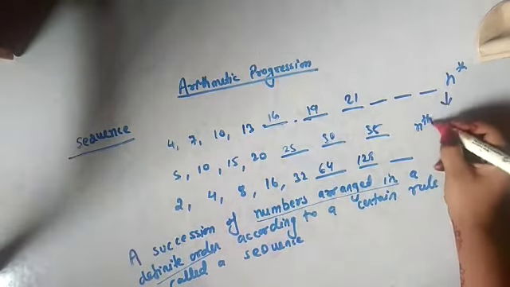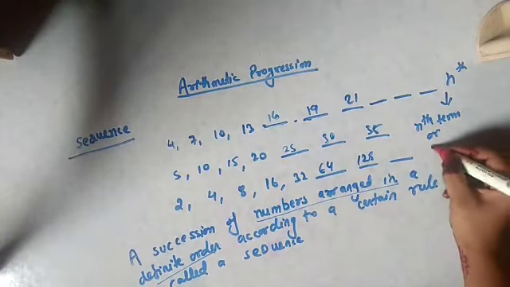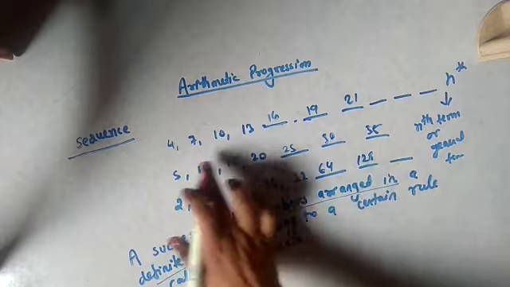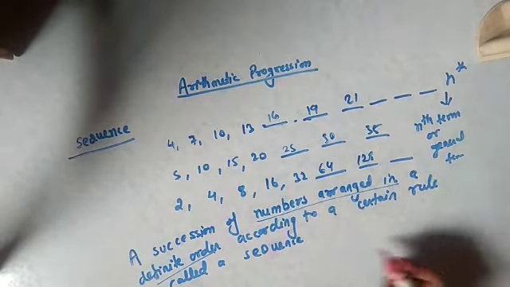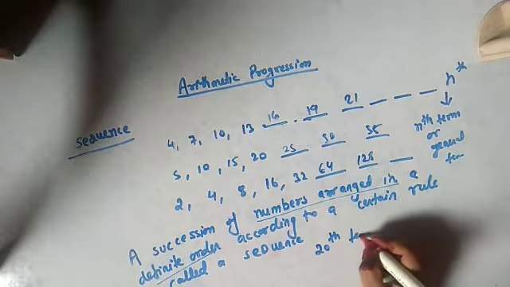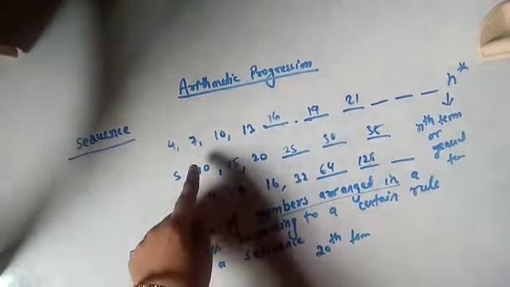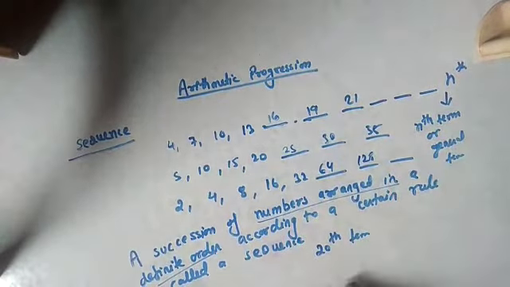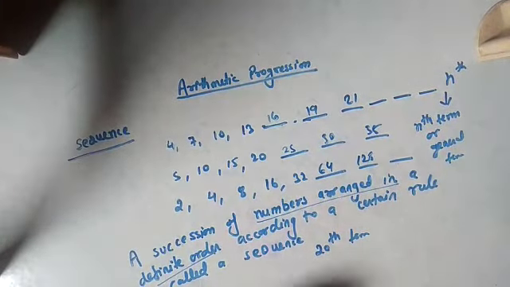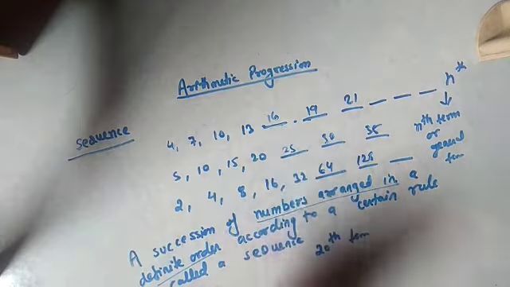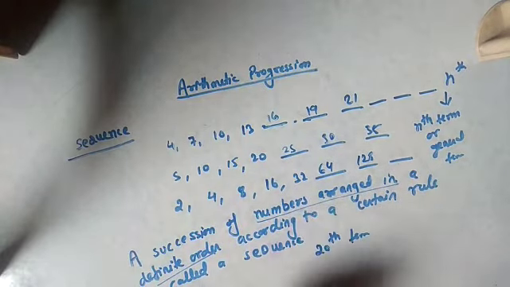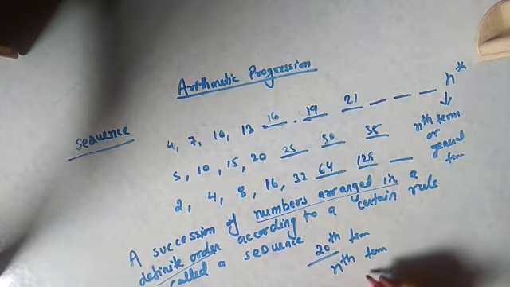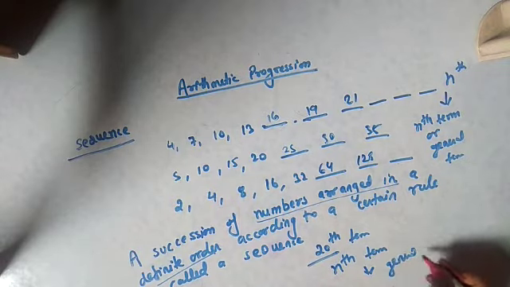Suppose I am asking what will be the 20th term of this sequence. Then either you will find it like 4, 7, 10 and so on, going up to the 20th position, or we will use some formula, and that formula we will discuss in this chapter only. Okay, so this 20th term is the nth term, or you can say the general term.